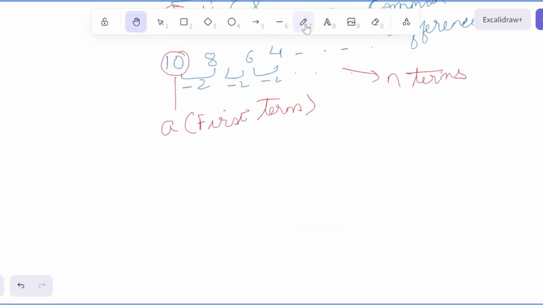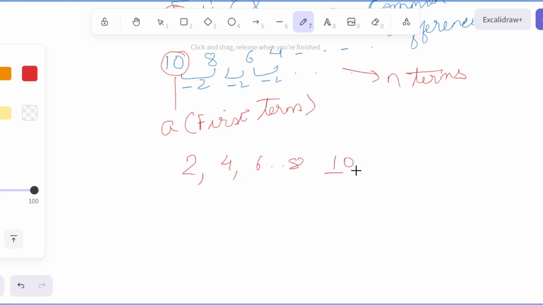For example, we were just taking 2, then 4, then 6. If I ask you to find the fifth term, it's easy, because you'll just say 8 will be the fourth, and 10 is the fifth term. But if I ask you what will be the 121st term, or the 58th term, then it becomes a little difficult, right?